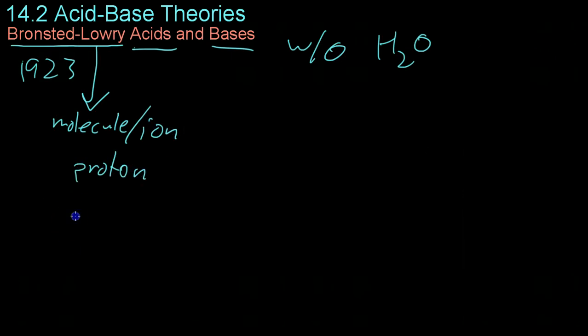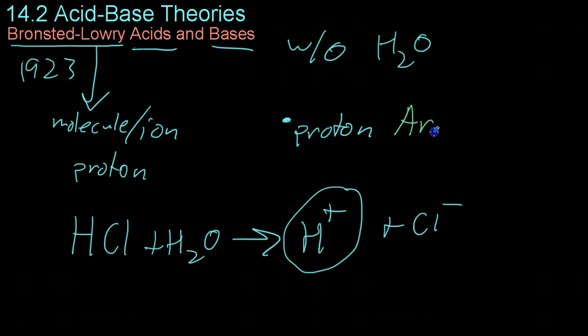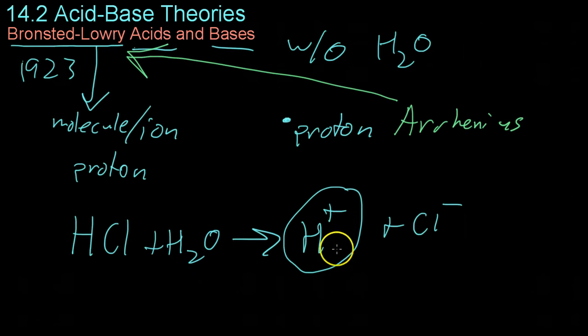Now, because all Arrhenius acids and bases give up a H plus ion, which is just a hydrogen without an electron around it, and therefore a lone proton, all Arrhenius acids and bases are also Bronsted-Lowry acids and bases, and these are both aqueous.